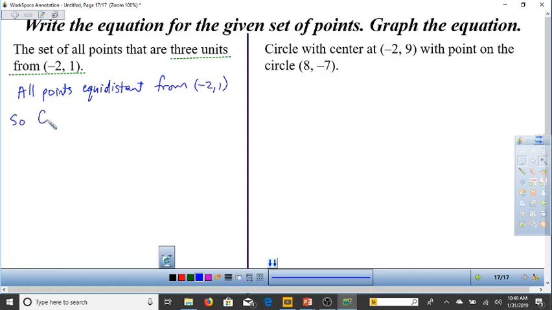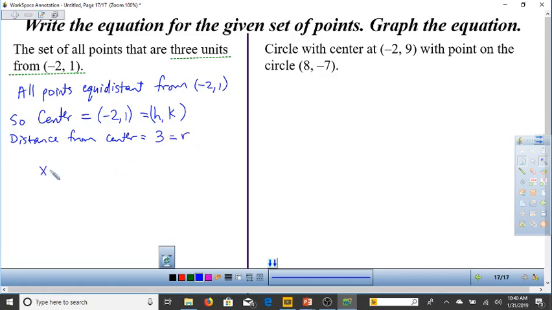So the center of the circle, HK, is that point, -2, 1. That's HK. And then the distance is the radius, and the distance from that point is 3 units. That's r.